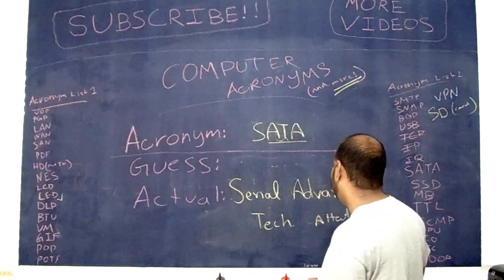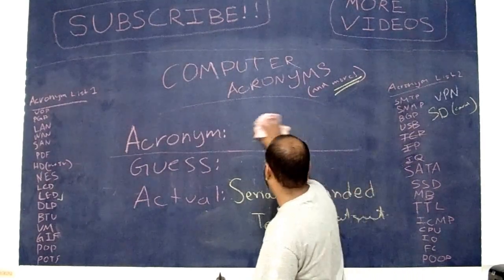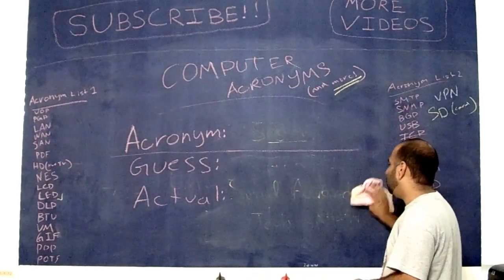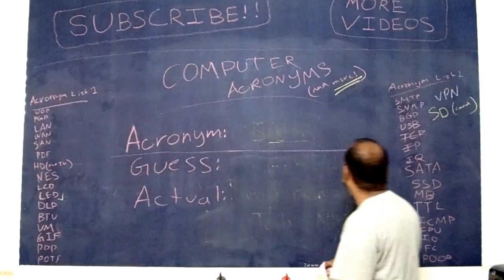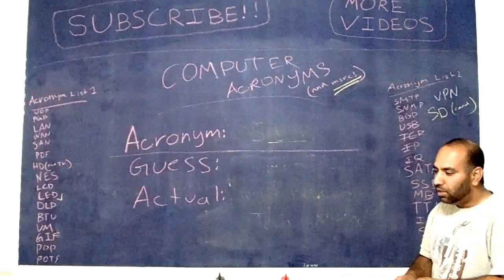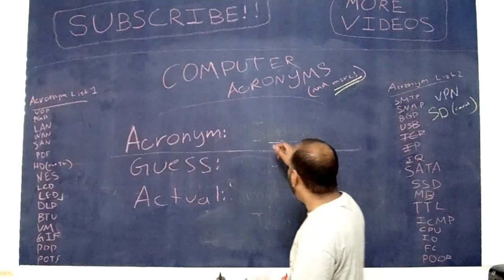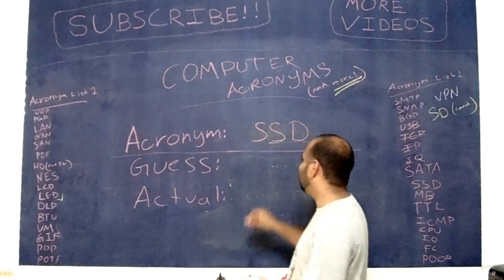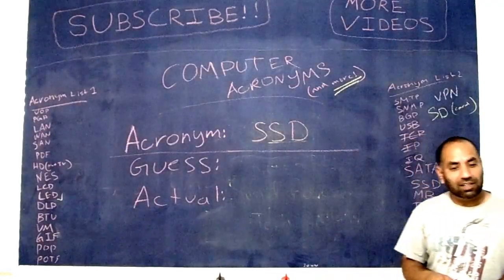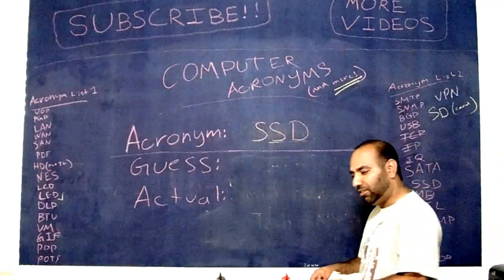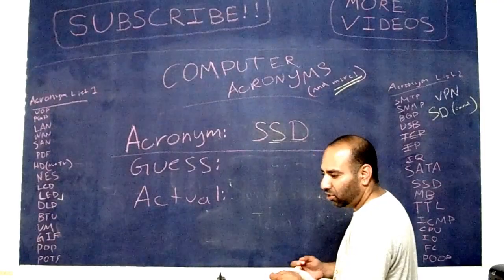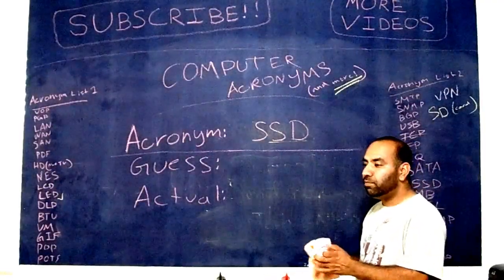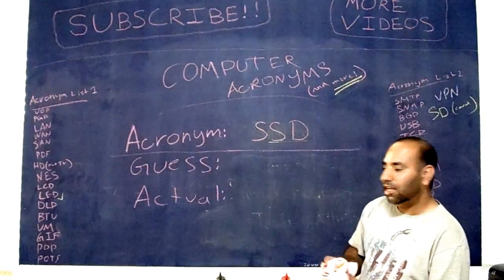Huh. Yes. Next one is SSD. So things are changing in the computer world. We went over HD being the hard disk, the disk with spinning parts, whereas nowadays we got SSD. Solid State Drive. Yes, these little USB drives that you have are the mini version of SSDs. There are no moving parts in solid state drives.